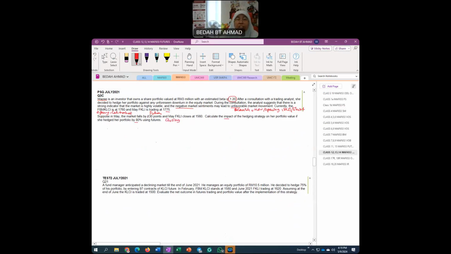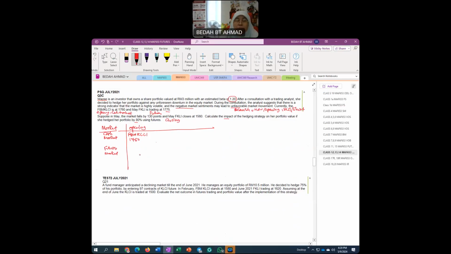Alright, so as usual, we do it like before. We have a cash market and we also have the futures market. Then we have the opening. Here we just put our FBM KLCI, which is 1760 points in the cash market opening.